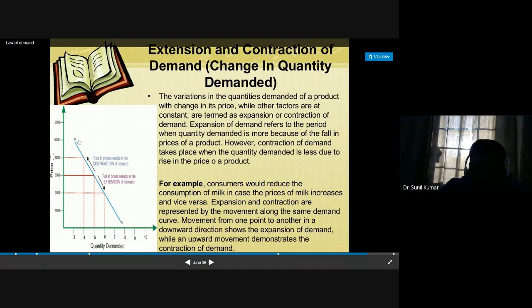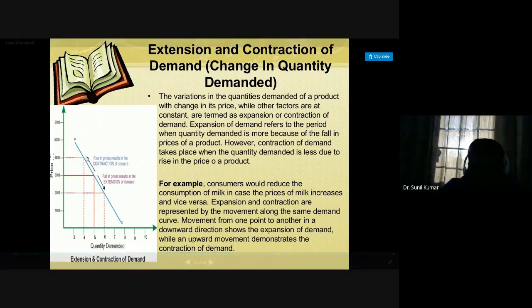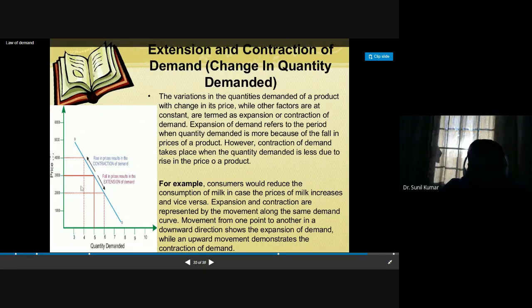So it will not be a single line, it will be a hyperbola curve, a rectangular hyperbola we can say, and the rise in price results in the contraction of demand. Extension will be when prices go down, and contraction when prices go up, so people start buying less. Okay, just see the dotted line given now.